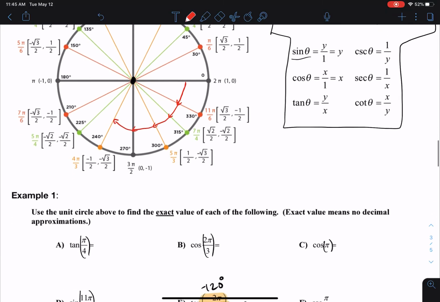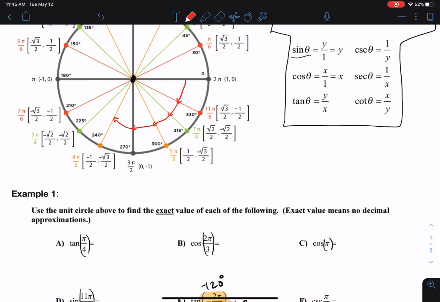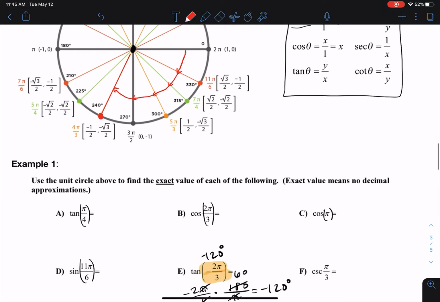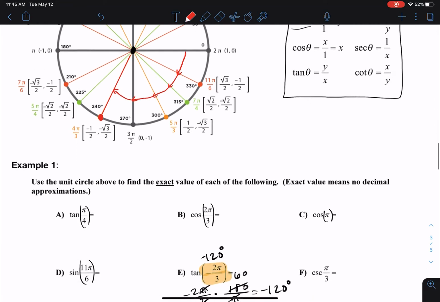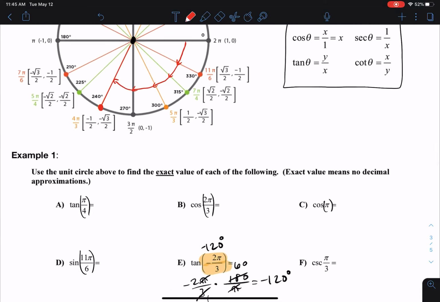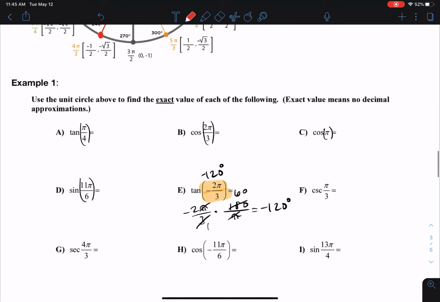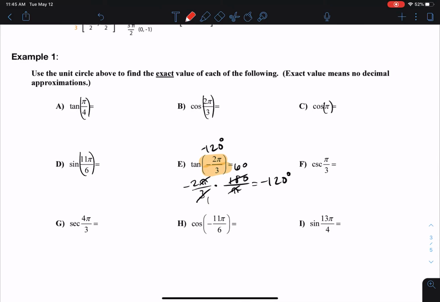That's where I want to go, right here. So an angle of 240 is the same thing as negative 120. So I could have changed this problem to say, what is the tangent of 240? And you would get the same answer, because they reside at the same location on the unit circle.